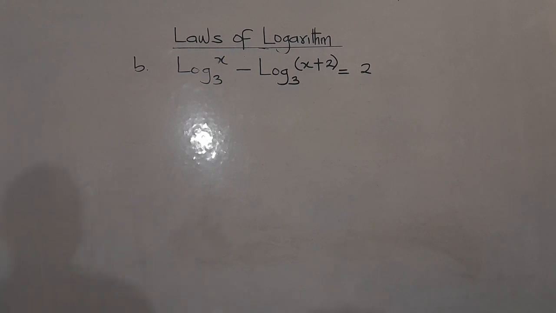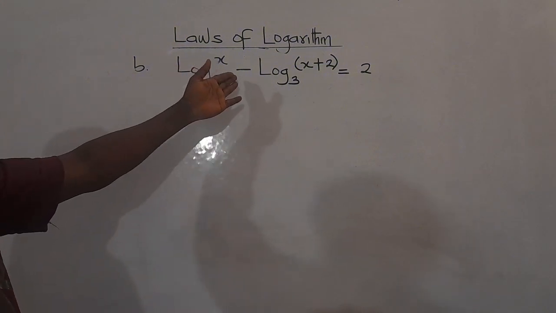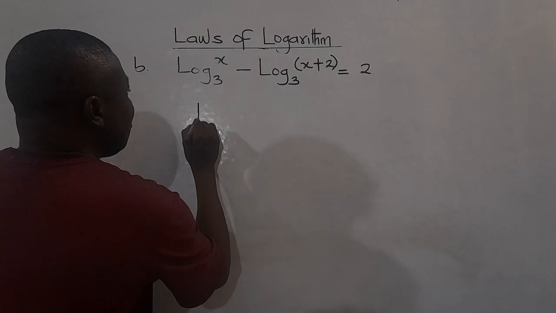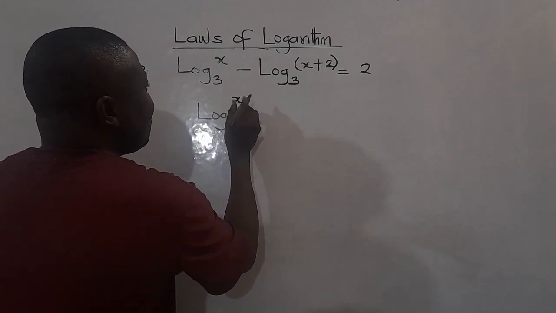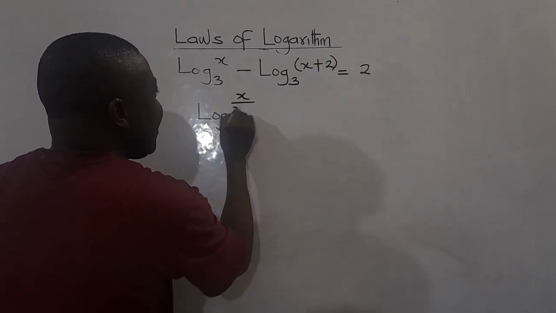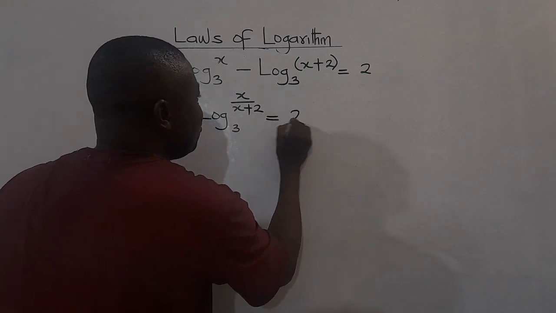Let's look at this second question. You have log x base 3 minus log x plus 2 base 3 equal to 2. First, we'll simplify using the law of logarithm. You have negative sign here, so you divide. This becomes log x over x plus 2 base 3 equal to 2.